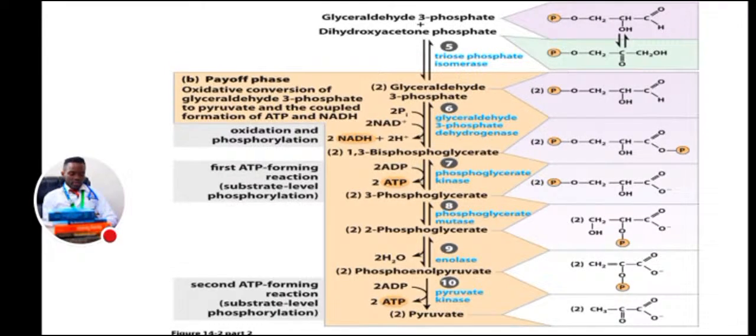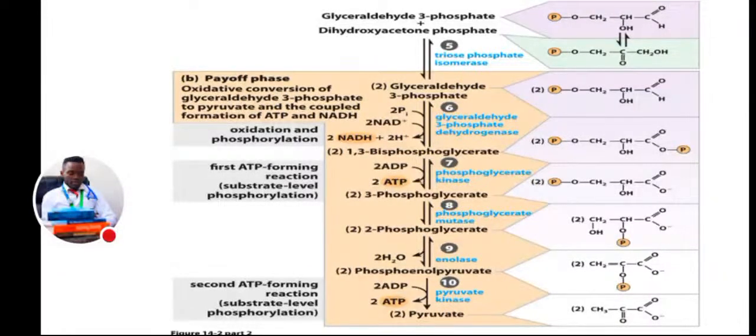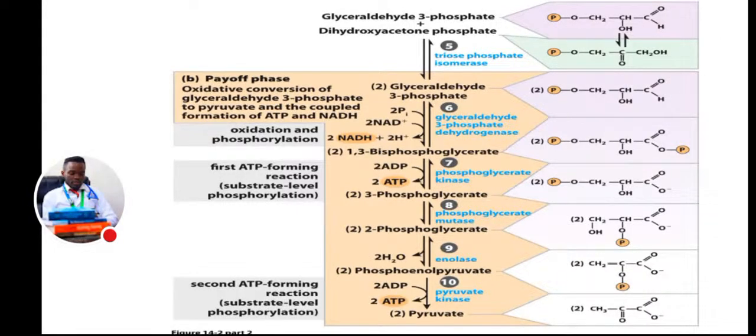Then the first ATP forming reaction, okay, that is at reaction number 7. So the first oxidation and phosphorylation is done when 2 glyceraldehyde 3-phosphate reacts with 2 NAD and 2 inorganic phosphate, giving us 2 NADH plus 2 hydrogen and 1,3 bisphosphoglycerate.